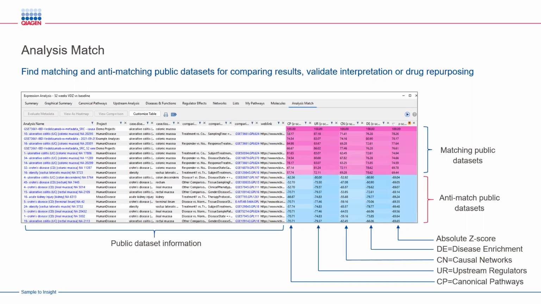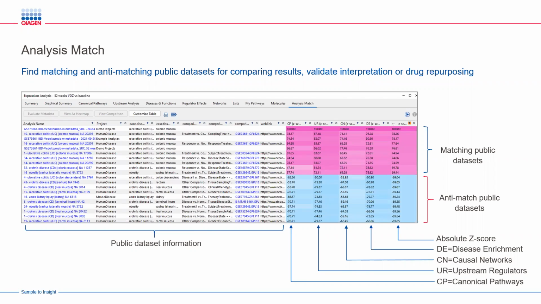Another way would be if you want to do drug repurposing, so you can identify novel drugs, maybe select them based on these public data sets, and then run some experiments in the lab. So a lot of biotech companies like to utilize this for drug repurposing.